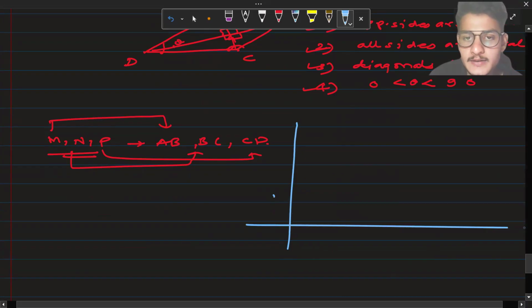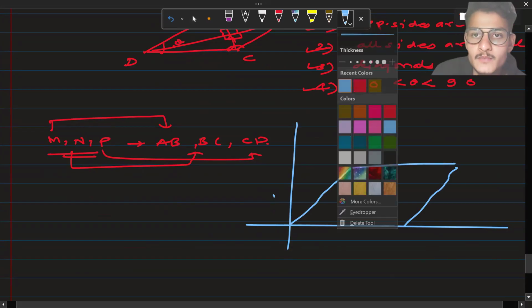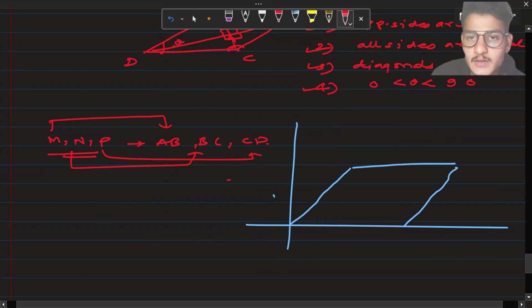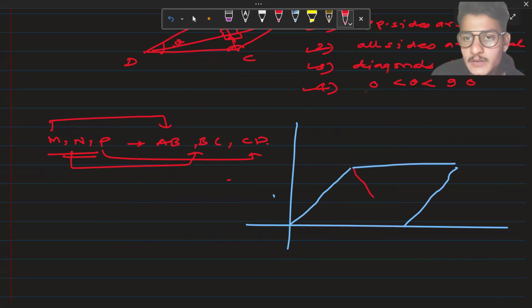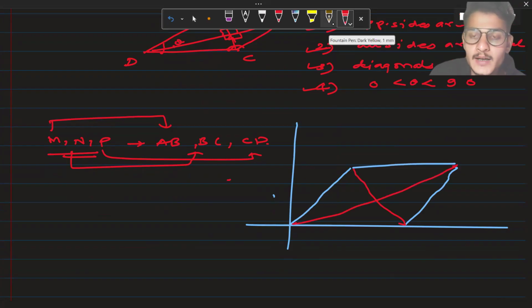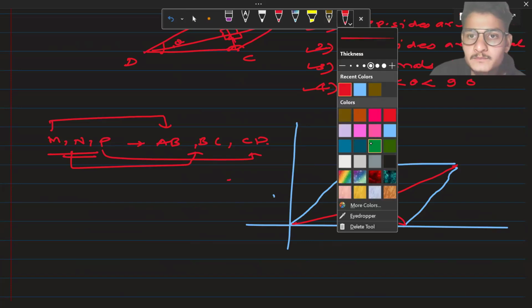I am taking a rhombus here, like this. This is my rhombus, and I have the perpendicular diagonals. And what else is given in the question?